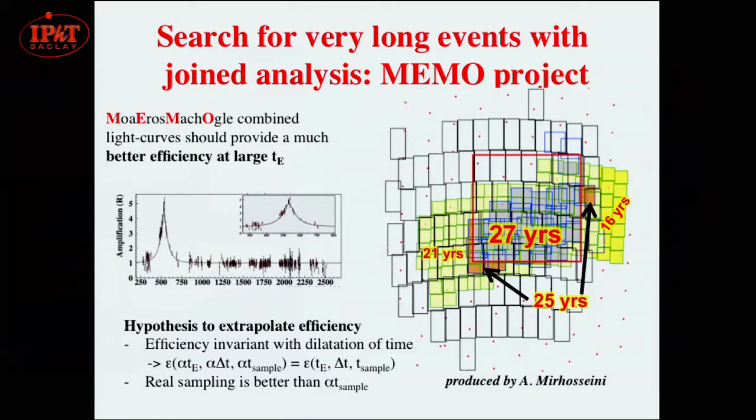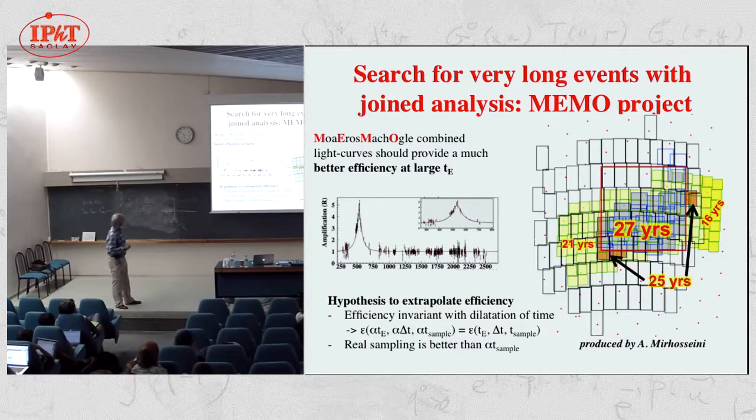So I have a proposal to search for very long events, because if we want to have a good sensitivity for the heavy events, we have to go to very long timescale events. So we have to benefit from the maximum duration and try to join all the databases from the different surveys.